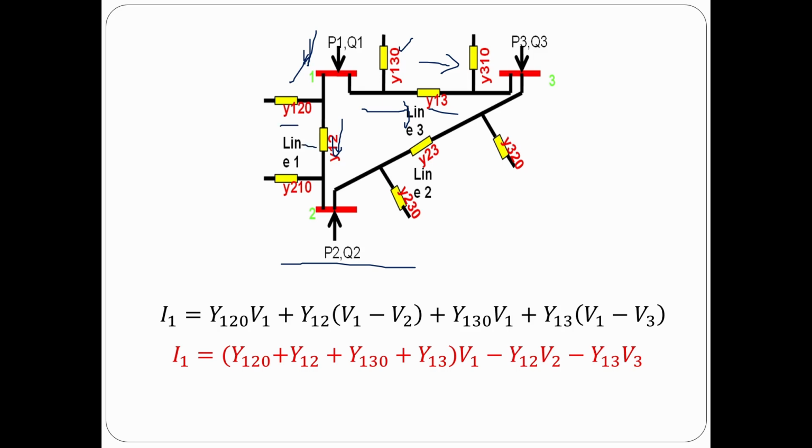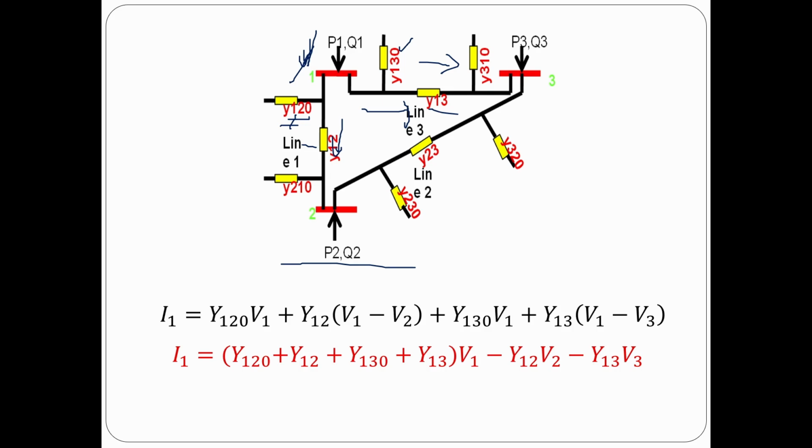The current flowing from bus 1 through the shunt admittance Y120 will be equal to the voltage V1 times Y120, and the current flowing through the series admittance Y12 will be equal to V1 minus V2 times Y12.